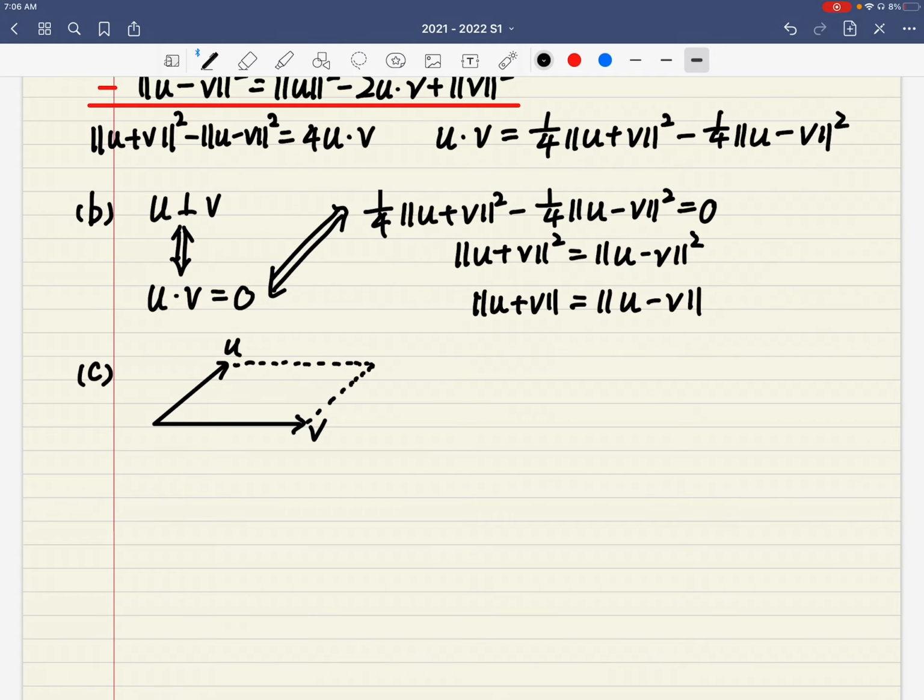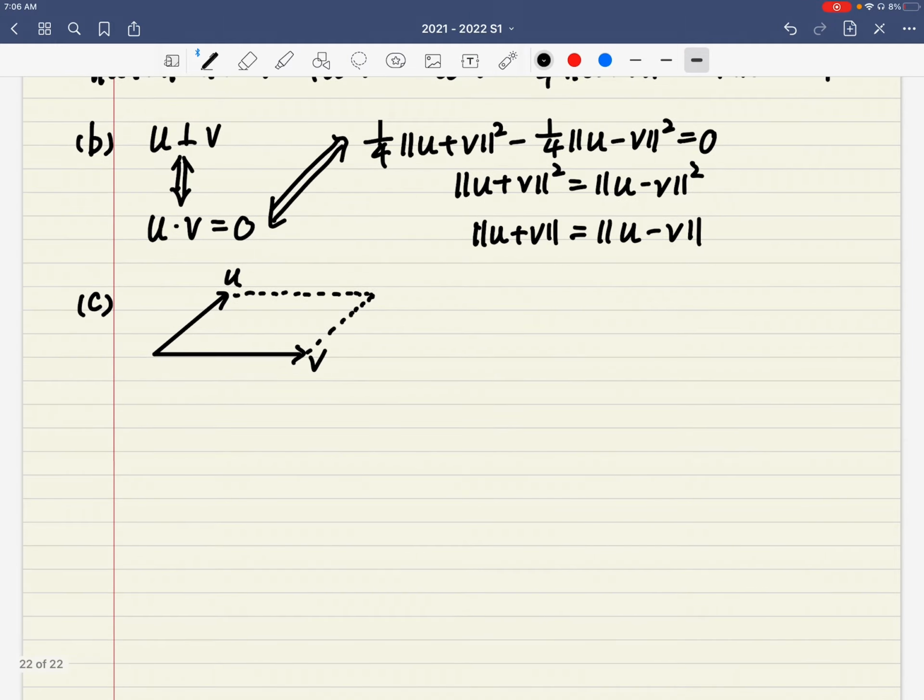If U is perpendicular to V, what does that mean? It means this parallelogram you are generating is a rectangle.